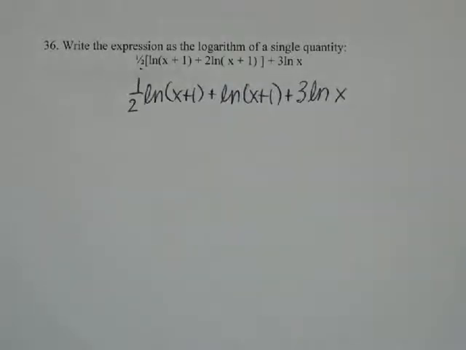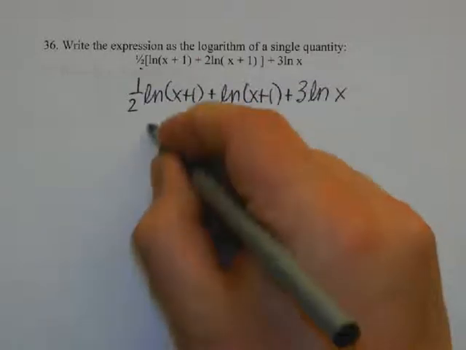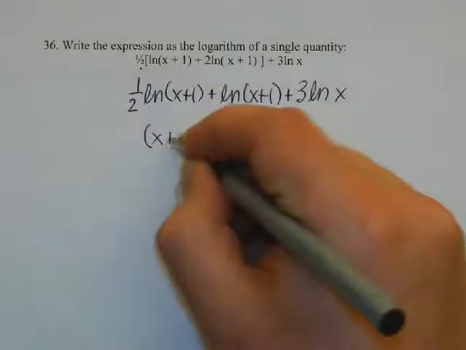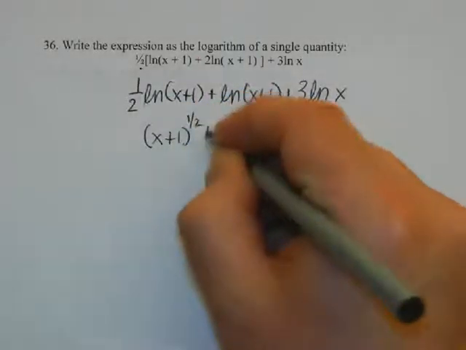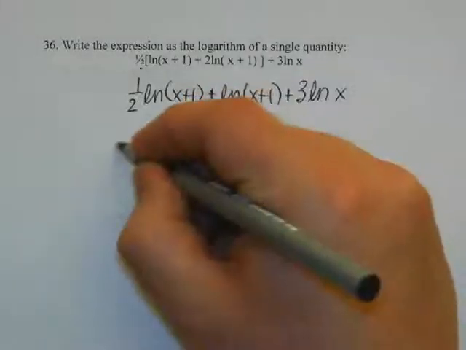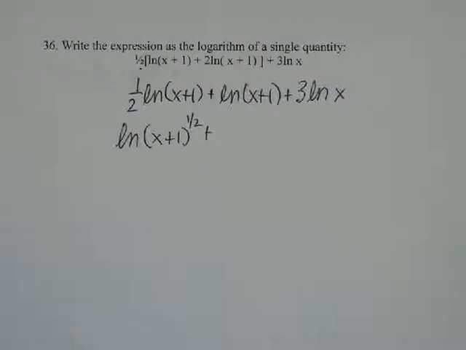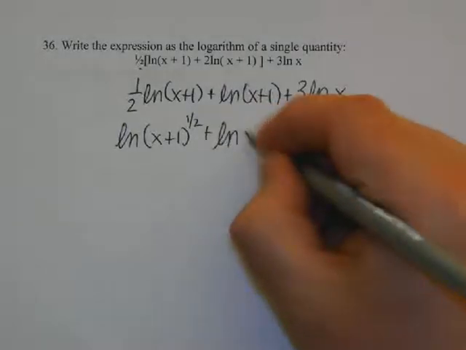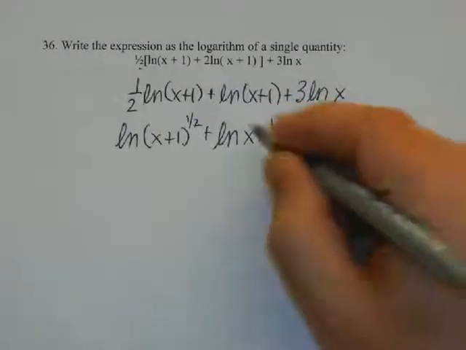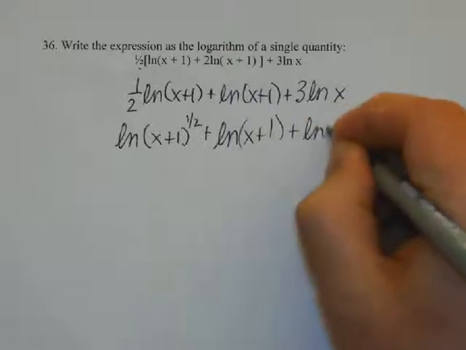Then I'm going to go ahead and rewrite it with exponents. X plus 1 to the 1/2, natural log of x plus 1, and then natural log of x cubed.